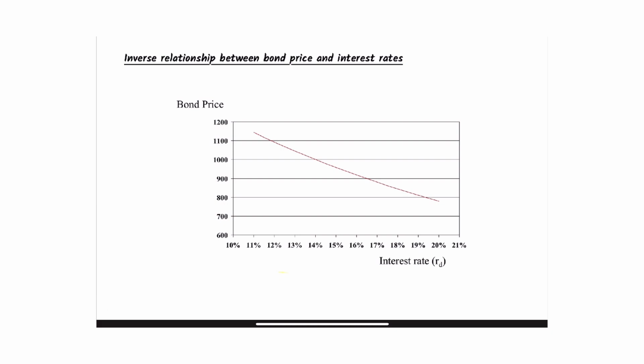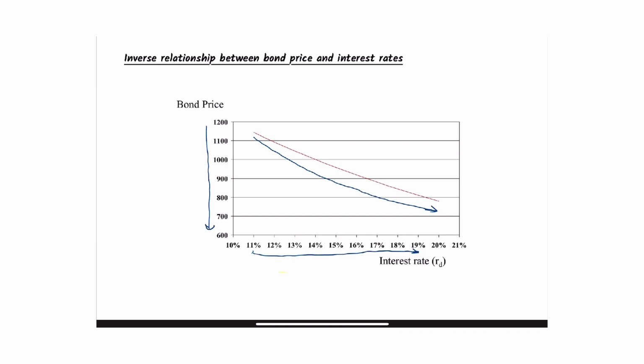In terms of the relationship between bond prices and interest rates, as you can see, there's an inverse where the higher the bond price, the lower the interest rate, and vice versa. So as we decrease in bond price, we increase in the interest rate, right? We can see an increase in the required rate, decrease in the bond price.